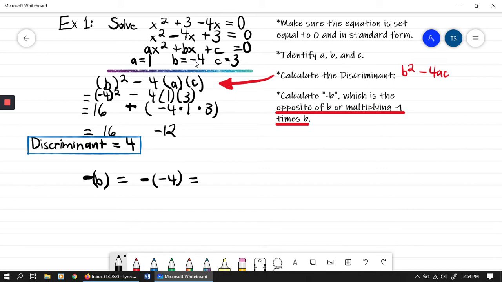And so the opposite of that is 4. That should be pretty self-explanatory. Then, folks, after we have calculated the opposite of b, we need to calculate the 2a. And again, that is where we multiply 2 times the value of a.